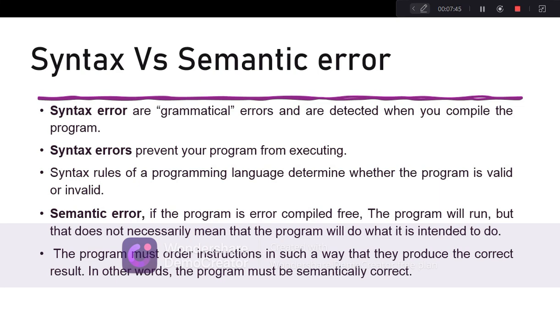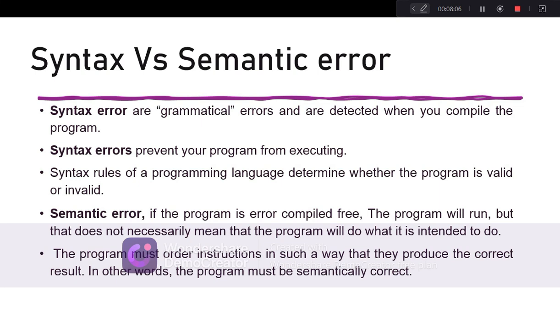But with a semantic error, the program compiles, the program runs, everything is okay, but the result is incorrect. For example, we need to add two numbers, but instead of plus we write minus. Mistake.